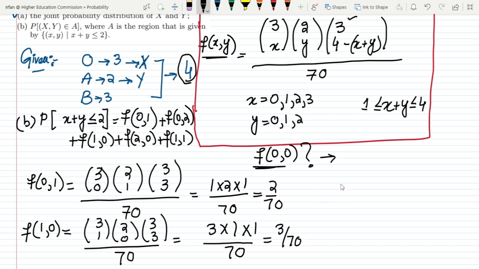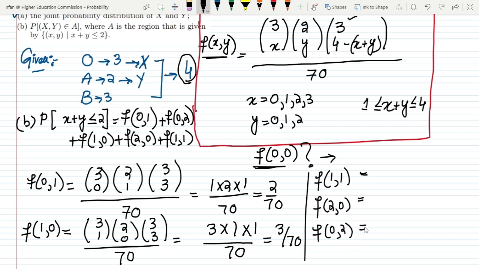Also let me find the other values, which are f11, f20, and f02. You can find them just by putting these values into this formula.